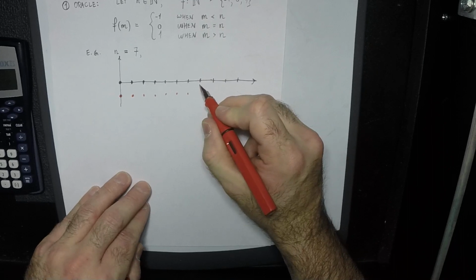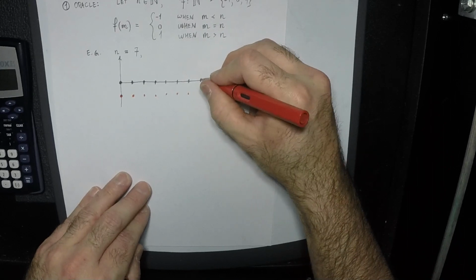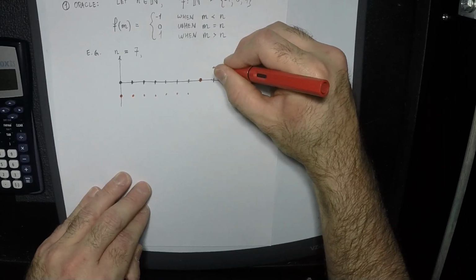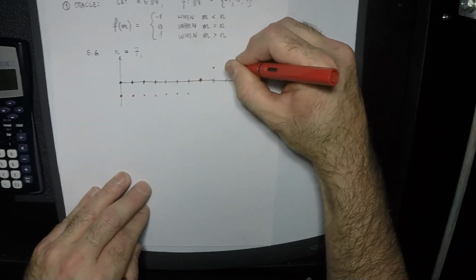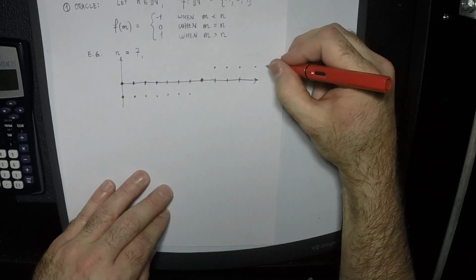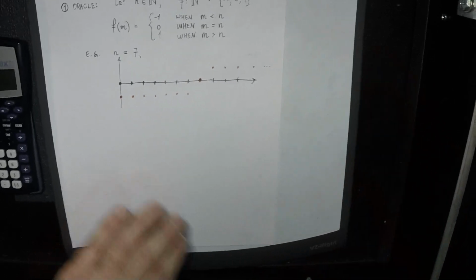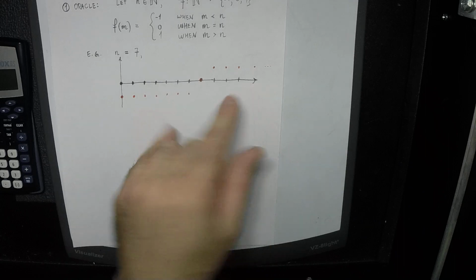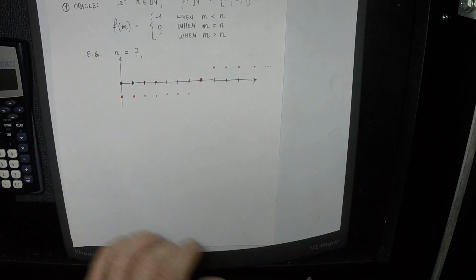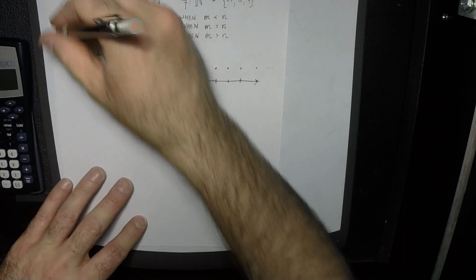Finally here we would get what? 0. And then we would get all 1s from here. And these just keep going. Interesting. So with 2370, it would be just like this, except sort of dragged out to the right.